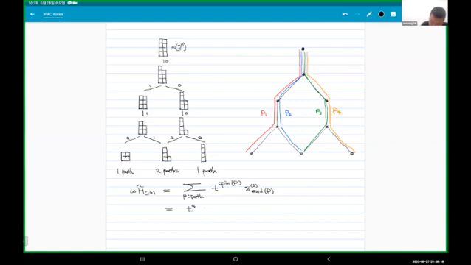So t to the 4, 2 short function of 2, 2. And for paths P2 and P3, it's t to the 3 and t squared times the 2 short function of 2, 1, 1. And 1 times the 2 short function of 1, 1, 1, 1, which corresponds to the last path P4.